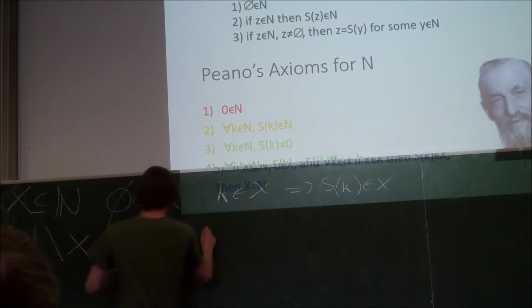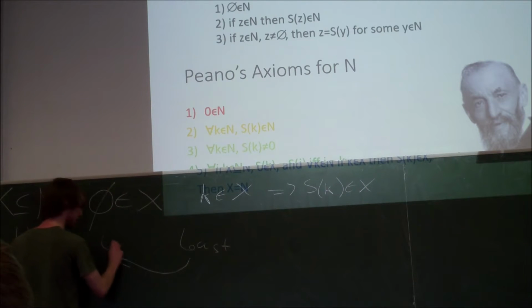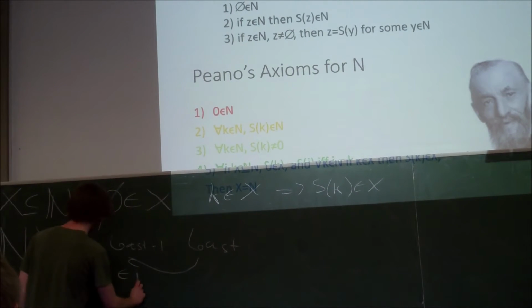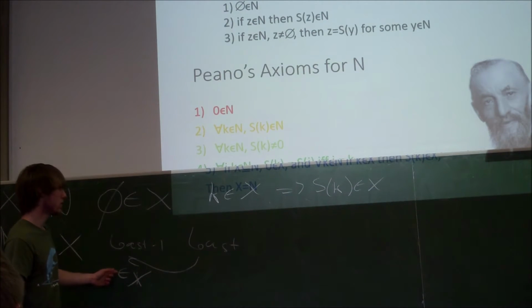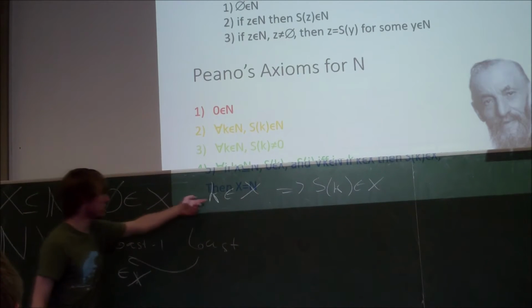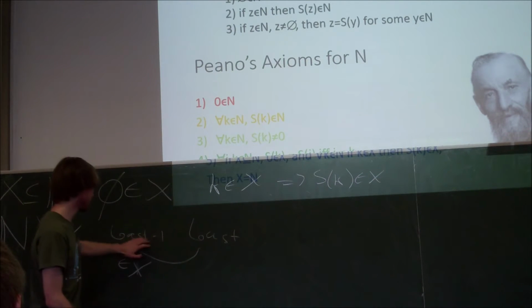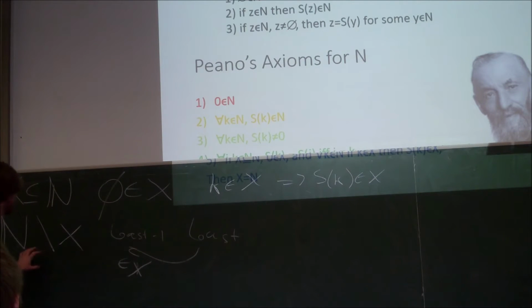So we took the least member, and we went back to least minus 1, which has to be in x. And then, because we have this as well, we can say that taking s of that, which intuitively is this plus 1 again, which is just this guy, also has to be in x, which contradicts our assumption. So in fact, x has to be equal to the whole of the naturals.